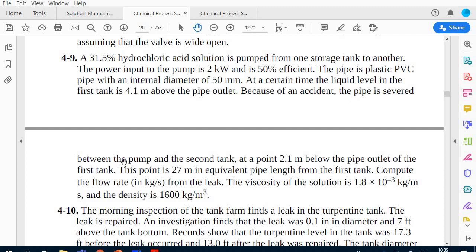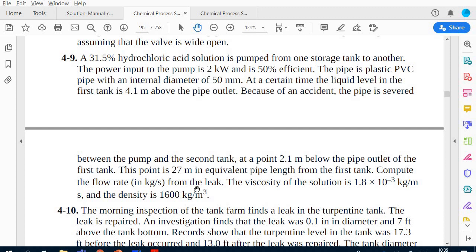Because of an accident, the pipe is severed between the pump and the second tank at a point 2.1 meter below the pipe outlet. Okay, so now we have the liquid level 4.1 meter above the pipe outlet, and the severed point is 2.1 meter below the pipe outlet. The distance between the two tanks is 27 meter.